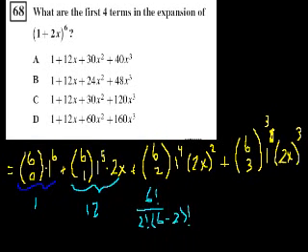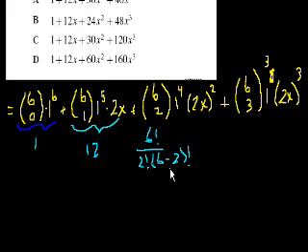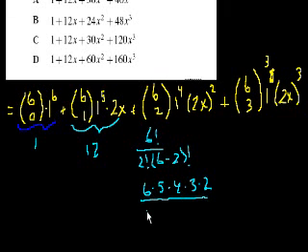Let me scroll down a little bit. So that is equal to 6 factorial, which is 6 times 5 times 4 times 3 times 2 times 1, but the 1 doesn't change anything, divided by 2 factorial, which is 2 times 1, or just 2, divided by 6 minus 2 factorial. That's 4 factorial, so times 4 times 3 times 2 times 1. That cancels out with that. The 2 and the 6 cancel out, and you get 3.